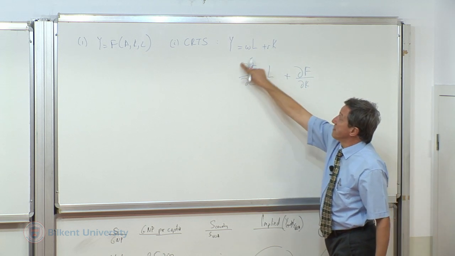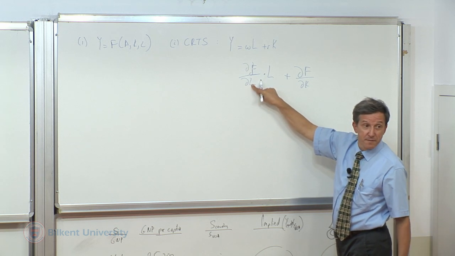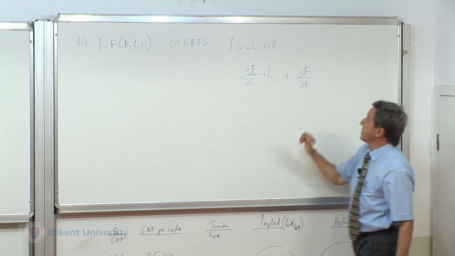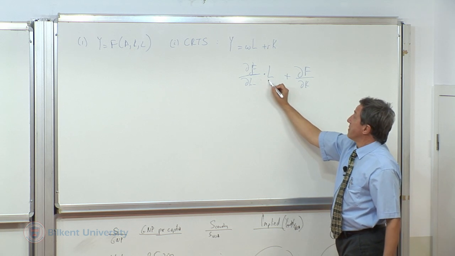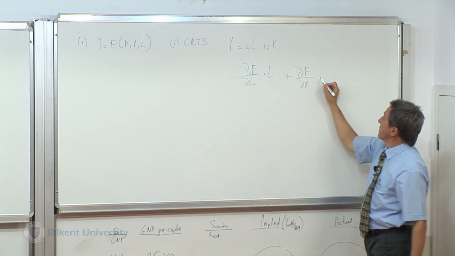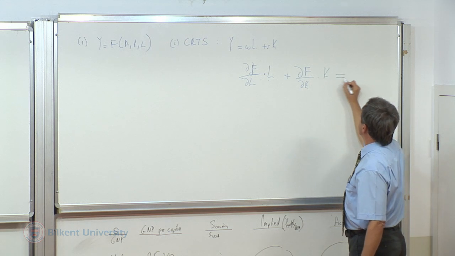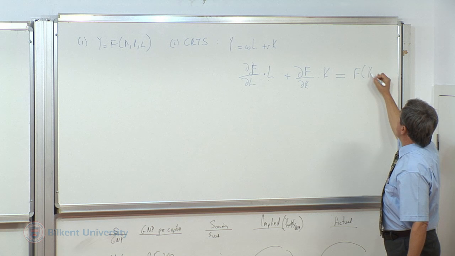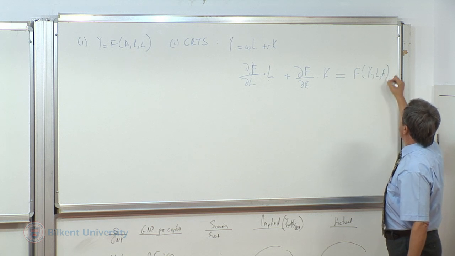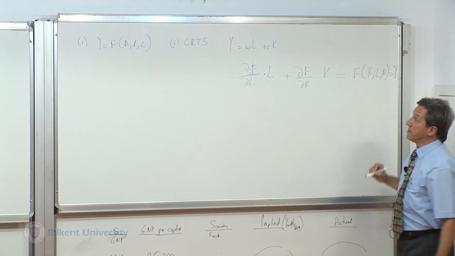The marginal product of labor, the derivative of the production function, is equated with the wage rate. So marginal product of labor times labor plus marginal product of capital times capital should be equal to the function itself. And this is itself the GDP.